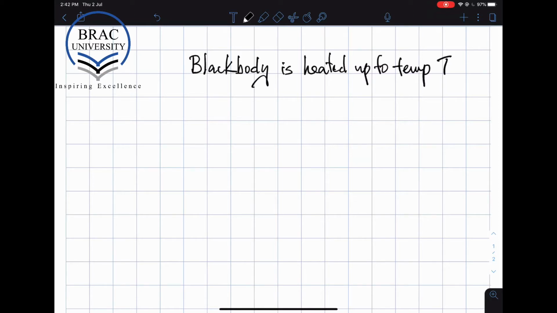Now the question is, how much energy do we associate with each mode?